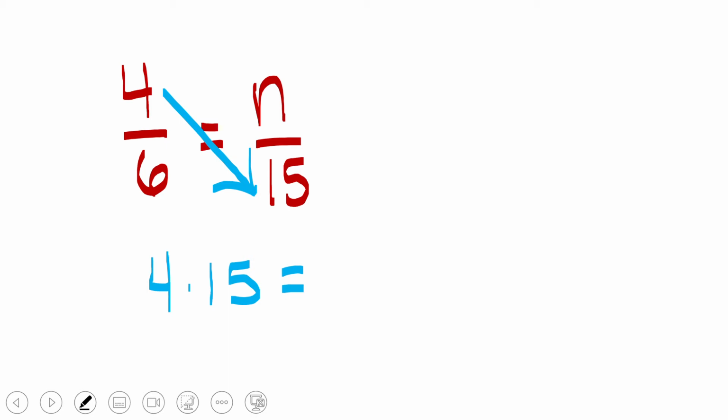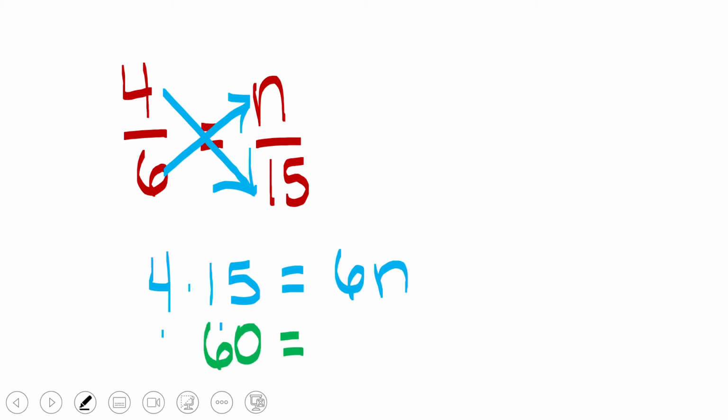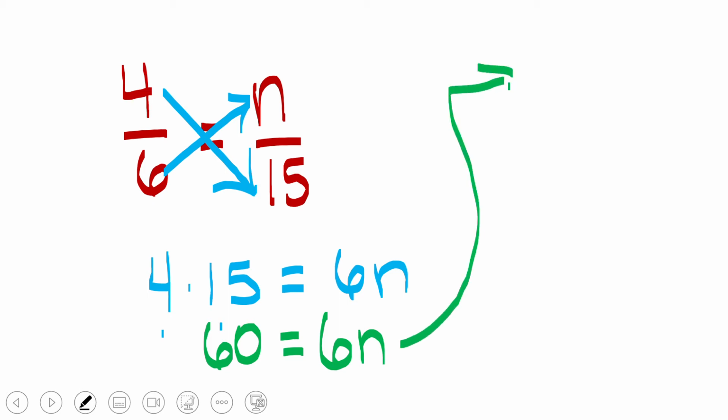That would be equal to 6 times n. 4 times 15, we know that is 60, which equals 6n.